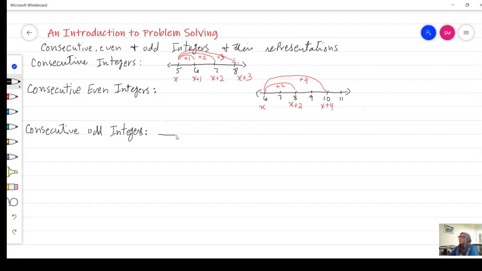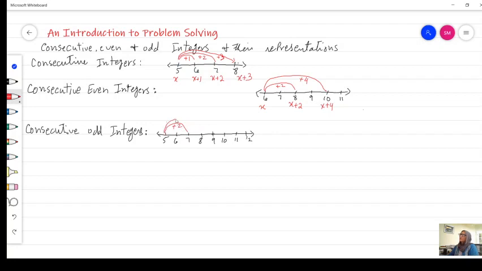I have a number line right there, and I'm starting with 5, 6, 7, 8, 9, 10, and I can go 11, and I can go 12. So I'm looking for odd integers, so 5 is an odd number, so I'm going to go from one odd number to another odd number, which is 7. So how many spaces? 2.